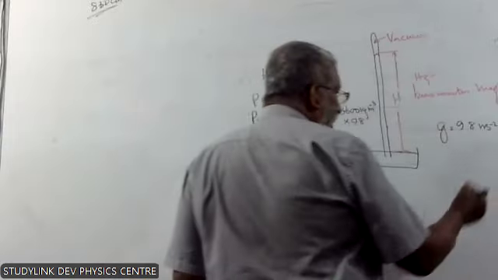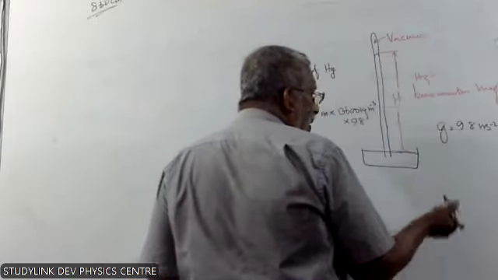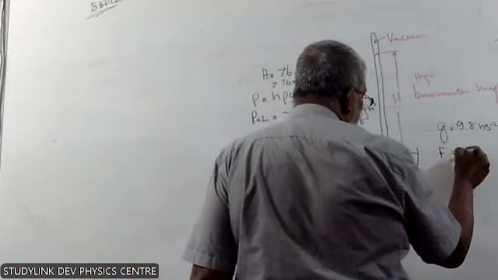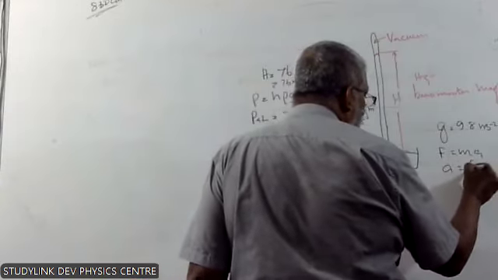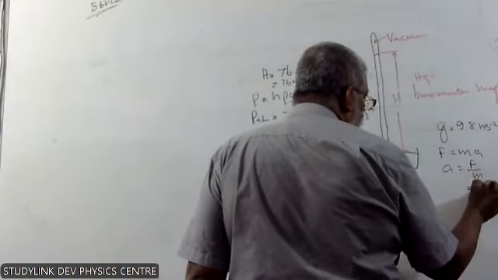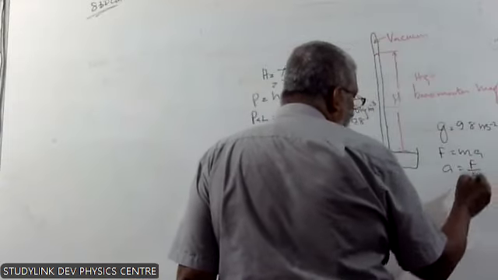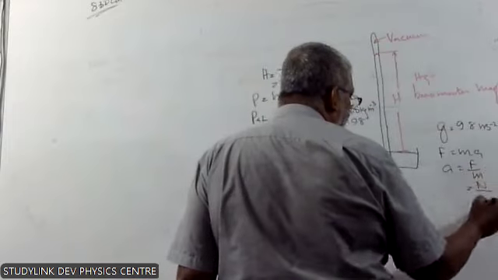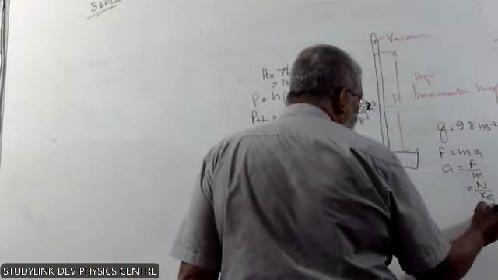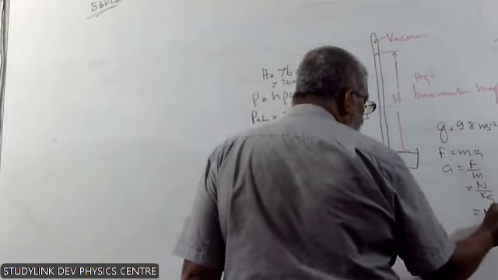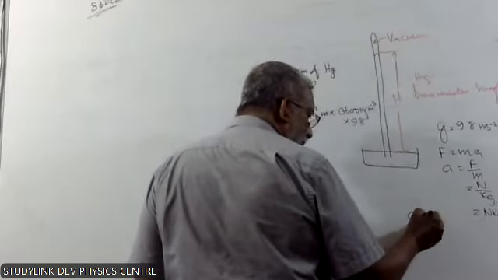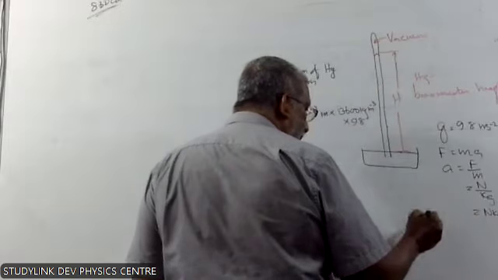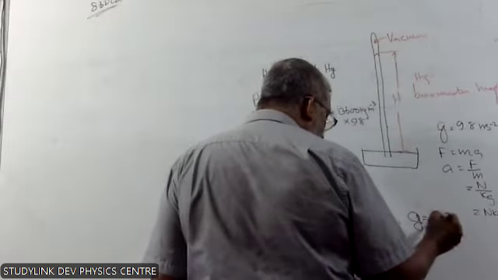In other words, F is equal to m a, so a is equal to F over m. Force is in Newton, mass is in kg, so Newton per kilogram.